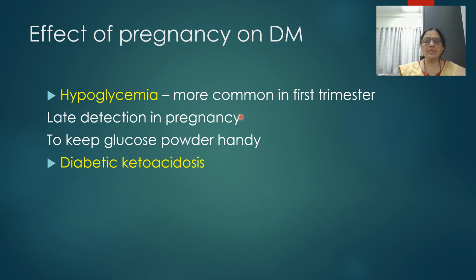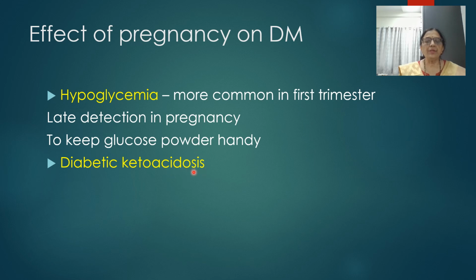With that, if for some reason she remains fasting for a longer time, fetal consumption of glucose goes on, and that leads to the possibility of early morning hypoglycemia in women with overt diabetes. So we have to instruct the patient to keep glucose powder handy, and whenever she has a doubt, she should immediately take 3 to 6 teaspoonfuls of glucose in water.